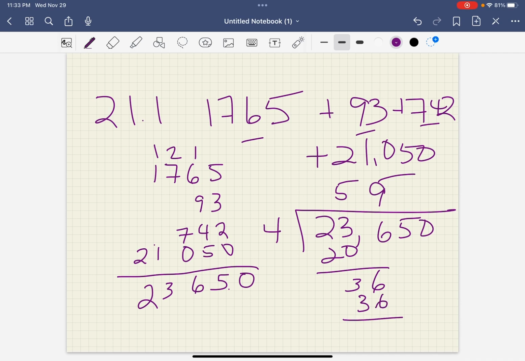No remainder there, so we bring down the 5. How many times does 4 go into 5? Once. And how many times does 4 go into 8? 2 times 4 is 8.